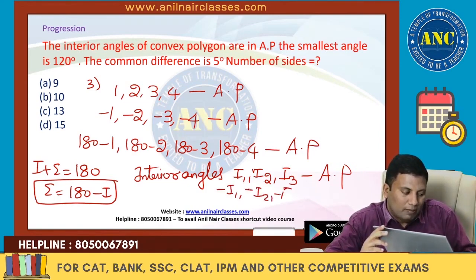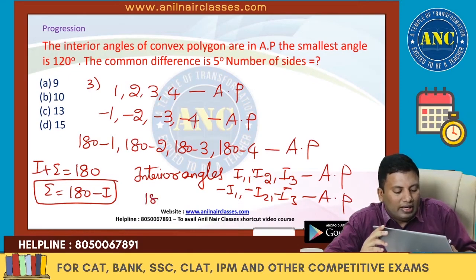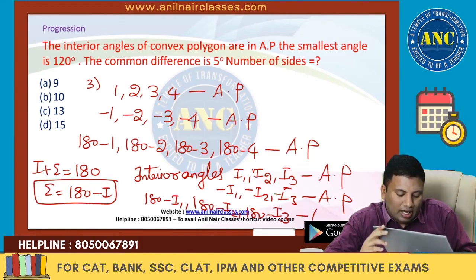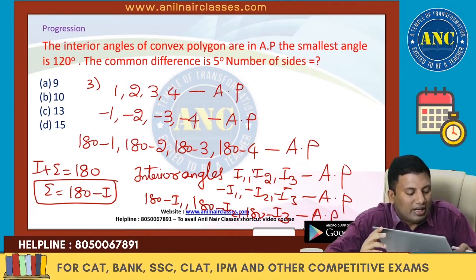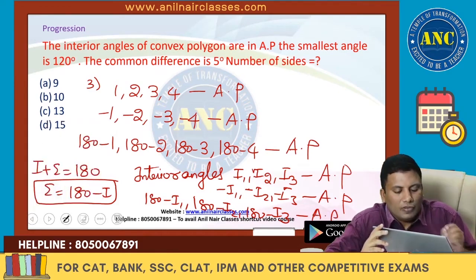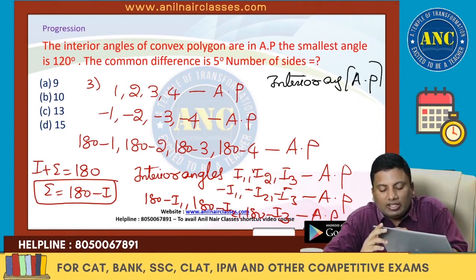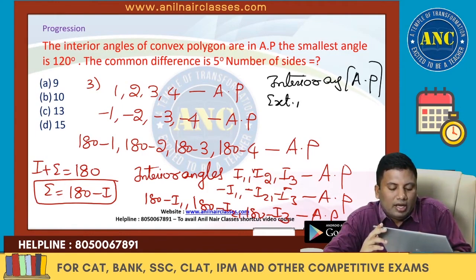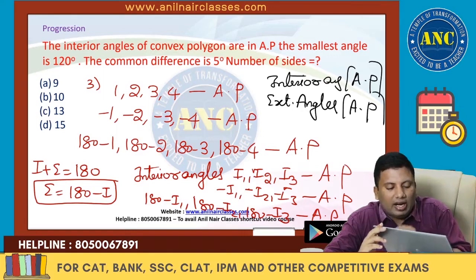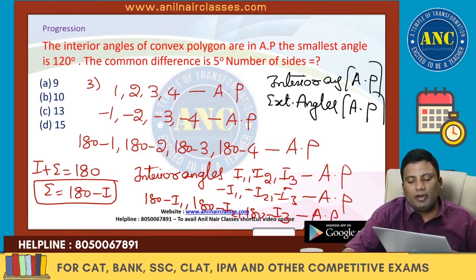And 180 minus I1, 180 minus I2, 180 minus I3 are also in AP. Always remember, if the interior angles are in AP, exterior angles are also in AP.